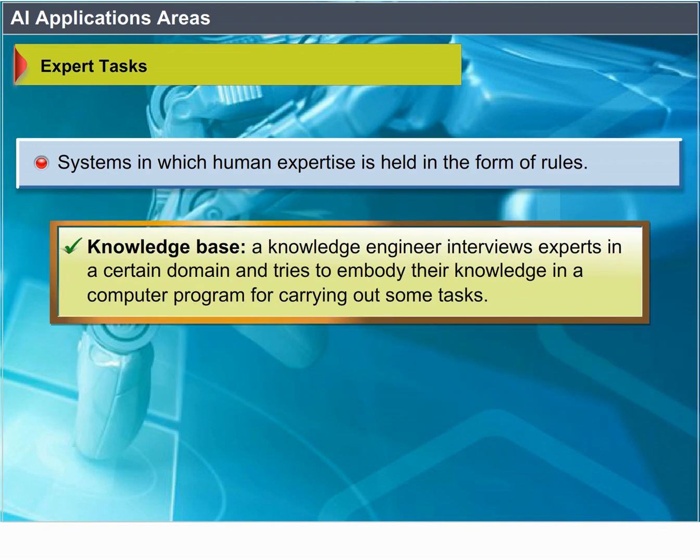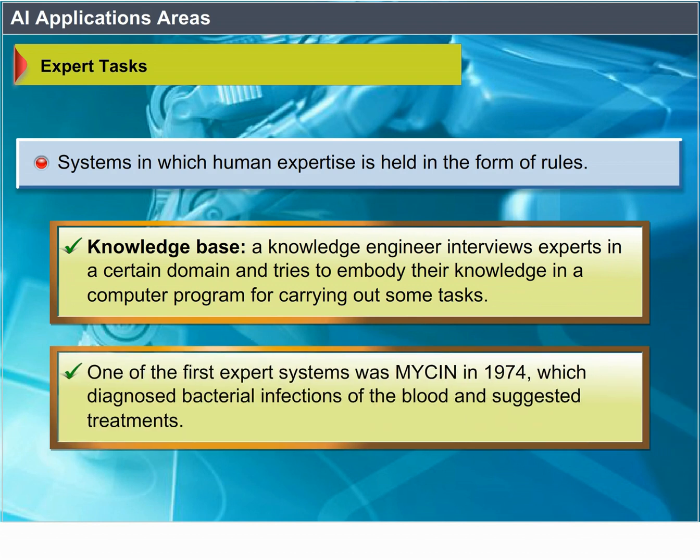Knowledge base: a knowledge engineer interviews experts in a certain domain and tries to embody their knowledge in a computer program for carrying out some tasks. One of the first expert systems was MYCIN in 1974, which diagnosed bacterial infections of the blood and suggested treatments.